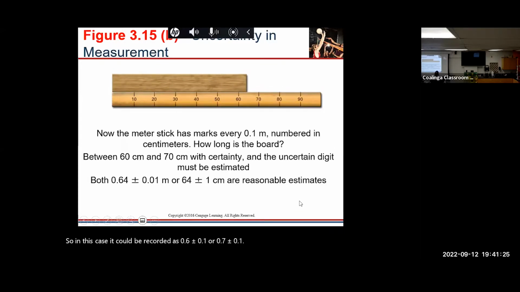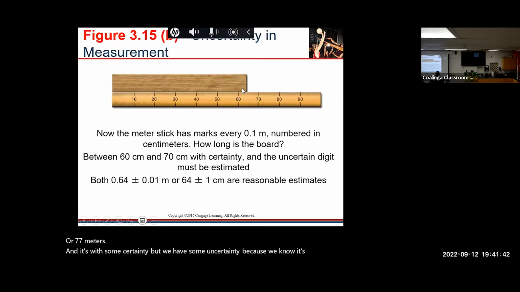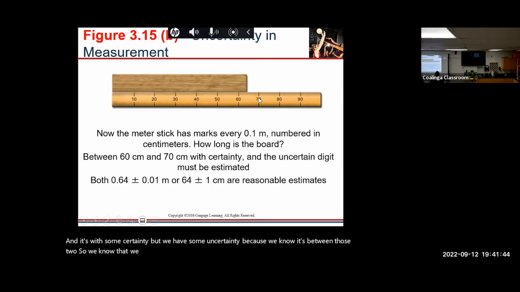So as we add more, we know that the number is going to be 60 centimeters or 70 centimeters, and it's with some certainty, but we have some uncertainty because we know it's between those two. So we can definitely say it's between these two for certain, right? But we're not sure, is that 65 or 64 or 63? We're not sure about that, right?